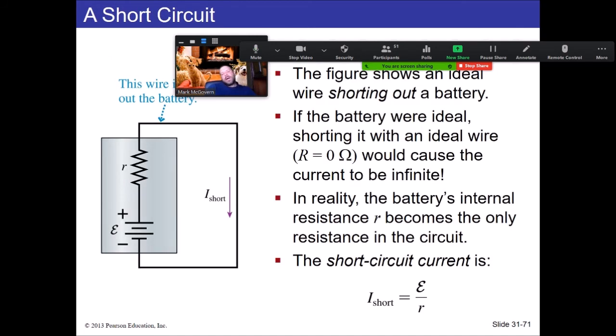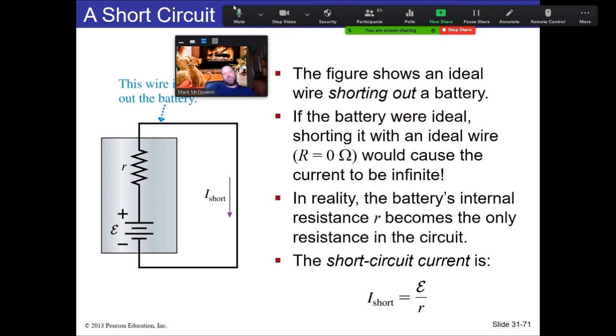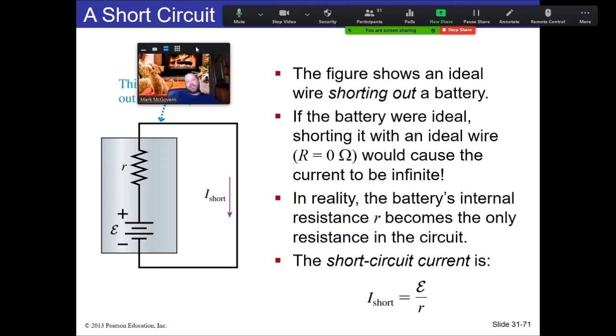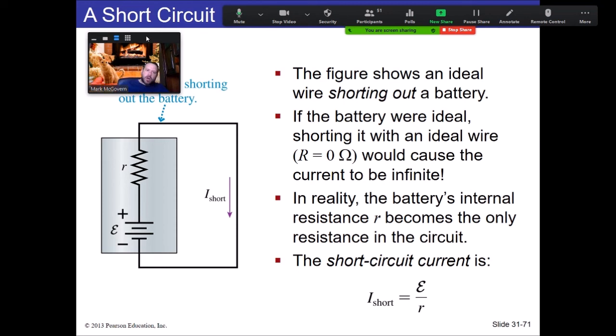Now a short circuit is an example of a circuit where something happens and you're disconnected from much of the load in your circuit. In that sense, the current ends up being driven extremely high because it would only be based on whatever internal resistance exists inside the battery. This generally happens if you screw up making your circuits, or if you have damage to your circuits. For example, if water gets in and things are not properly shielded, water can act as a conductor, and that can short out things.